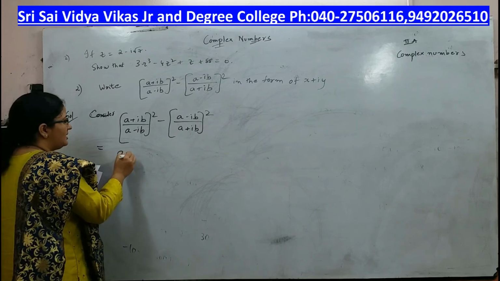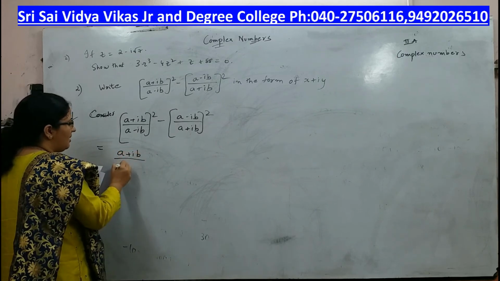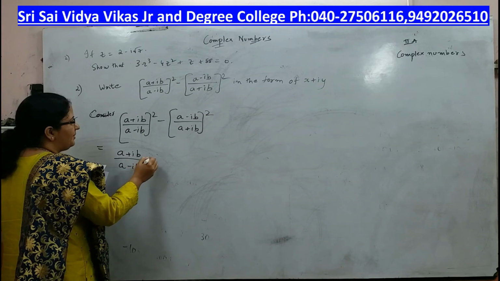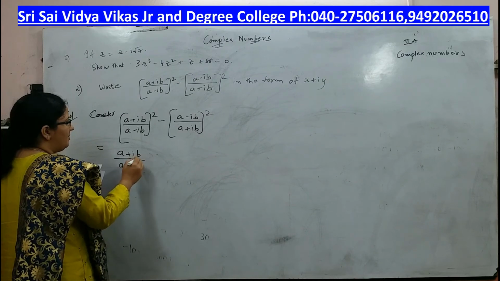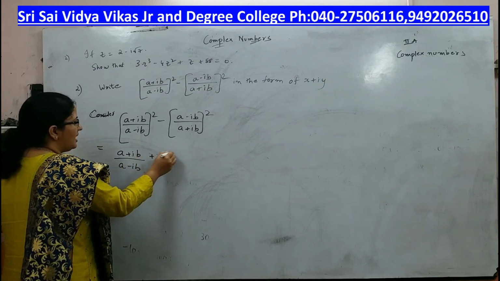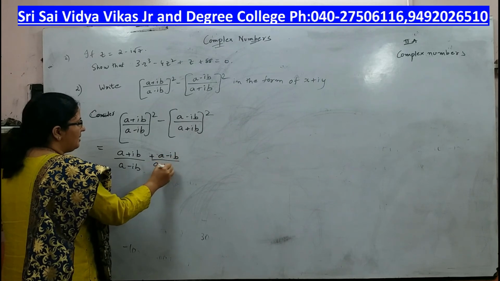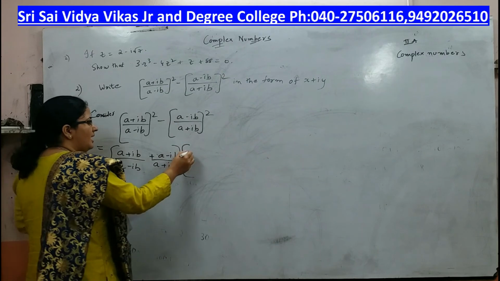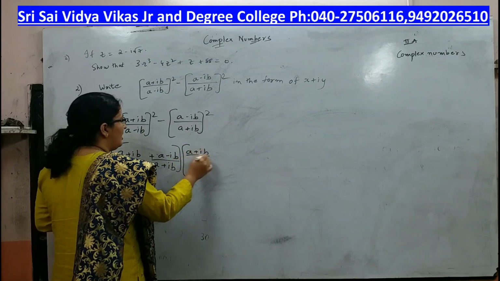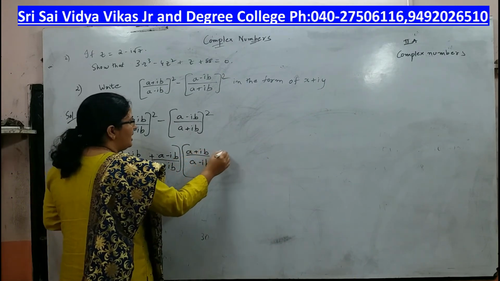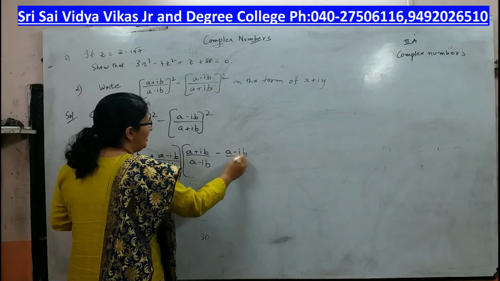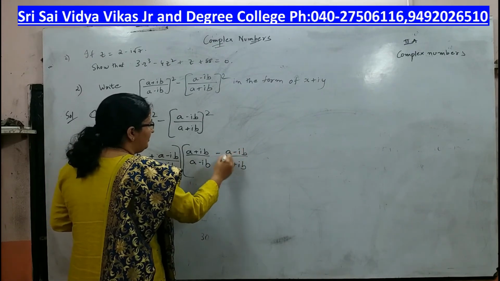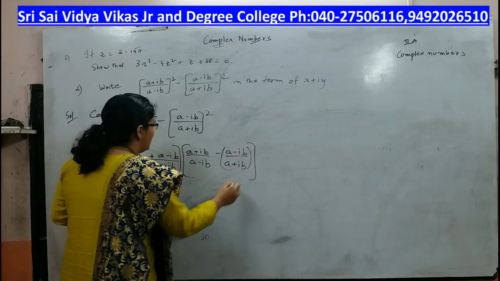So you can write it as (a plus ib by a minus ib plus a minus ib by a plus ib) into (a plus ib by a minus ib minus a minus ib by a plus ib). This is what you have.